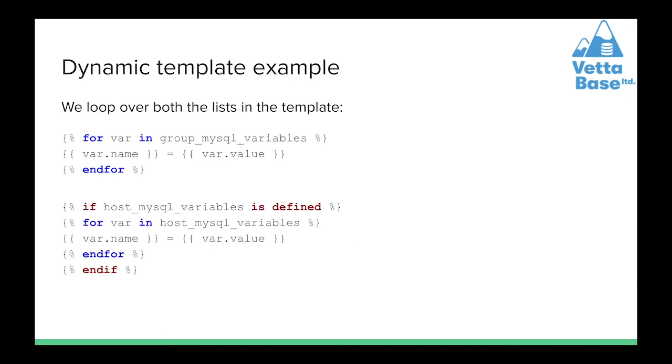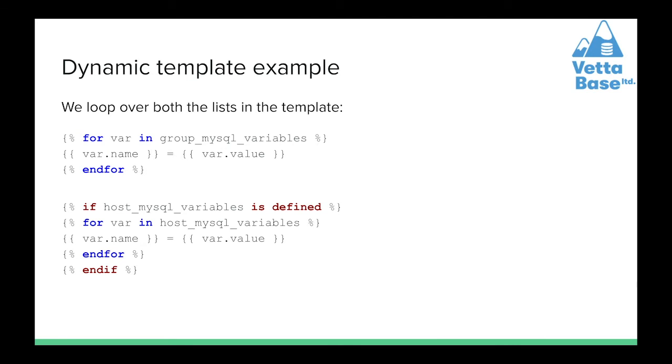And then the template will look like this. What we are doing here is to use the for directive to loop over these lists and, for each element of the list, print the variable name equals the variable value.